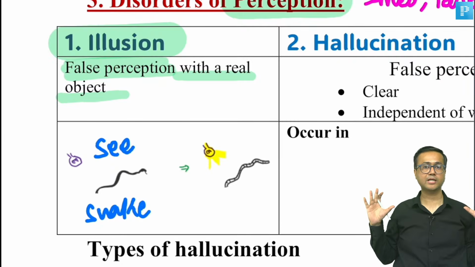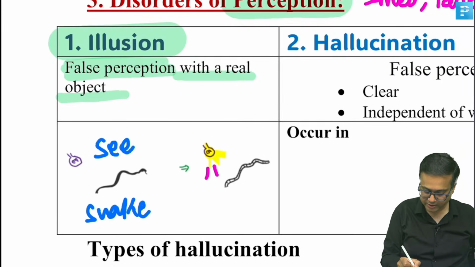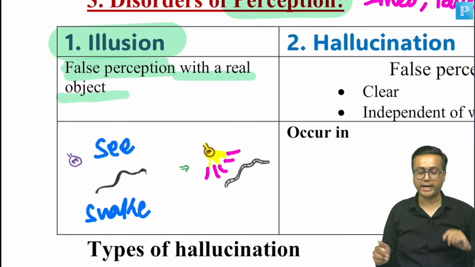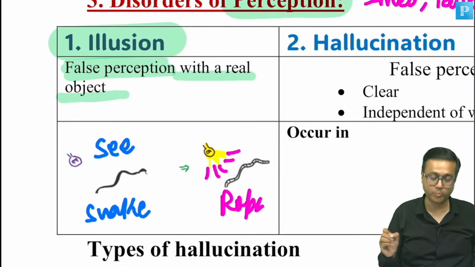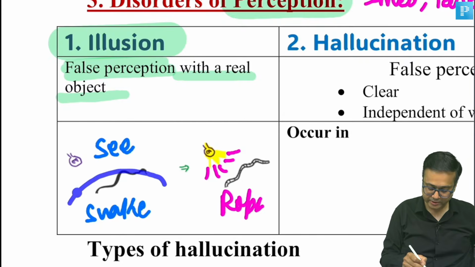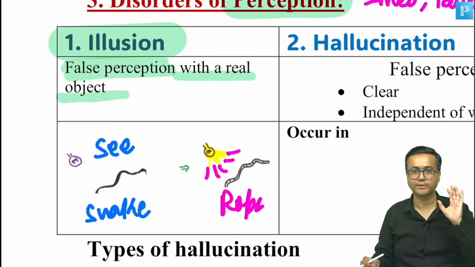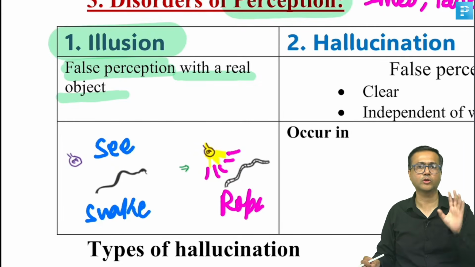He gets scared seeing the snake. He shouts, he screams. Family comes running in, they switch on the light. Then the person sees, oh, actually it was a rope. So can I say this snake is a false perception of this rope? So this is illusion, a phenomenon which I'm sure all of us have experienced.